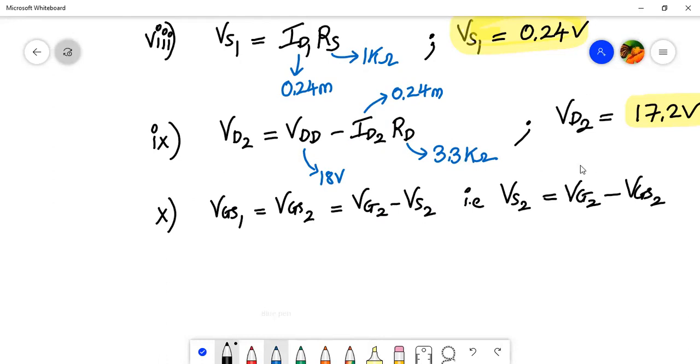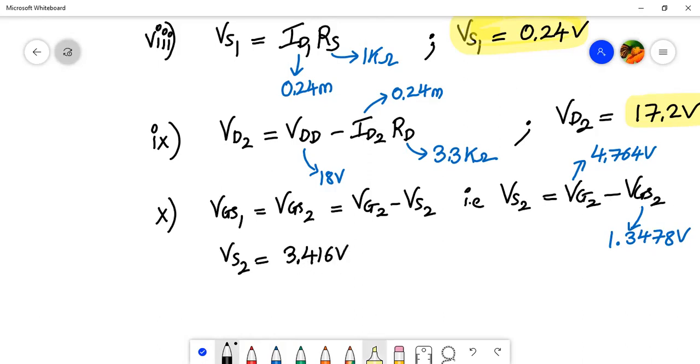VG2 came out to be 4.764, and VGS1, which is equal to VGS2, is 1.3478 volt. So therefore, the value of VS2 is coming out to be 3.416 volt. Okay, that's fine. Very good.